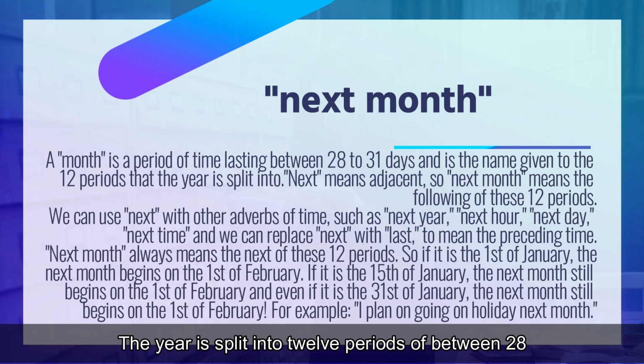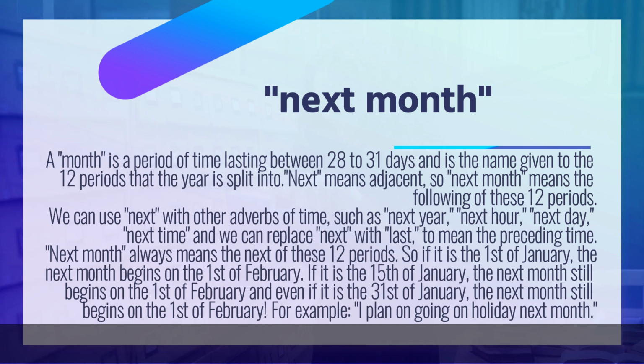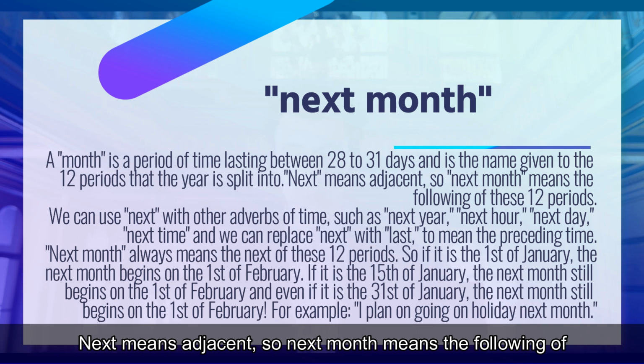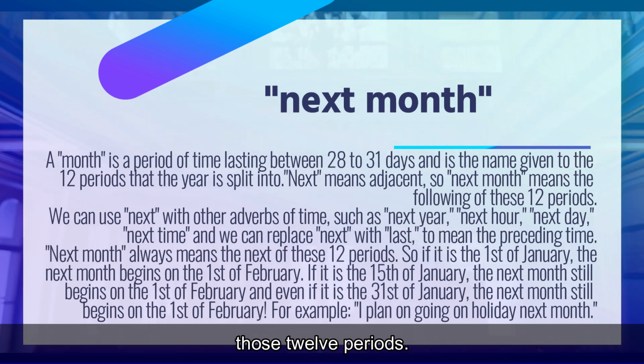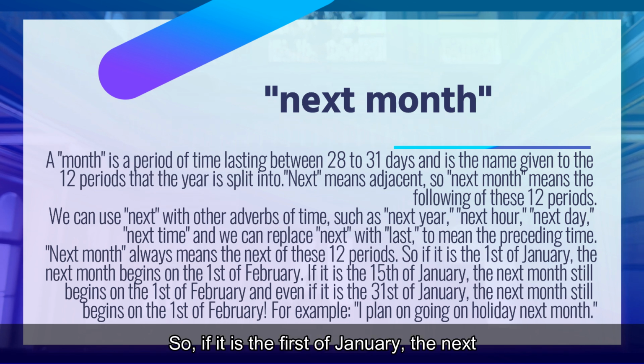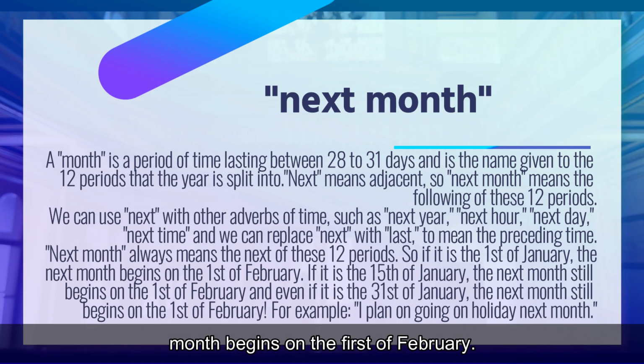The year is split into 12 periods of between 28 to 31 days. January, February, March, those 12. Yes. Next means adjacent, so next month means the following of those 12 periods. So if it is the 1st of January, the next month begins on the 1st of February.